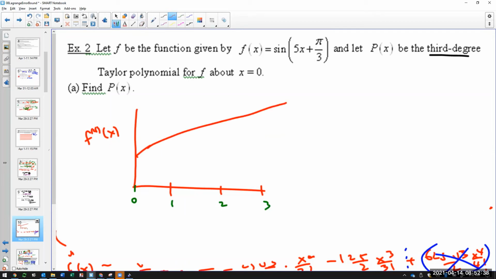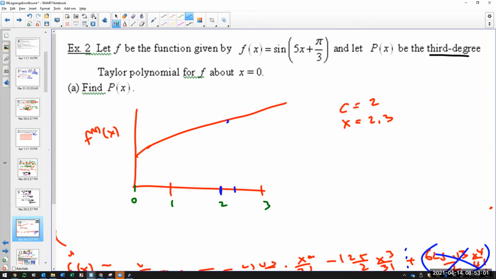Okay, but remember, it's the maximum derivative between the center and your x. Remember, our center was 2, and what was our x? 2.3. So then you come up here and here's 2, here's 2.3.